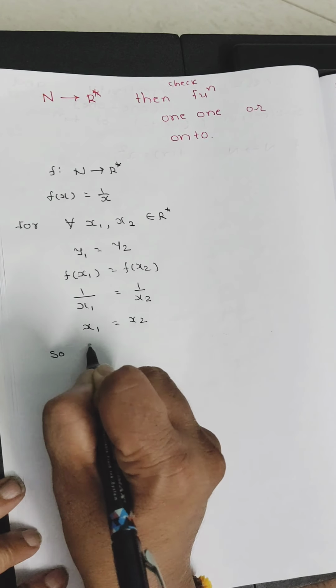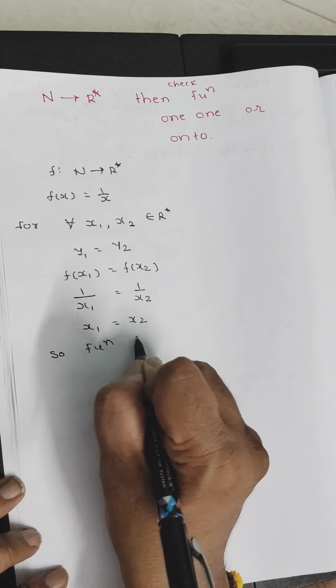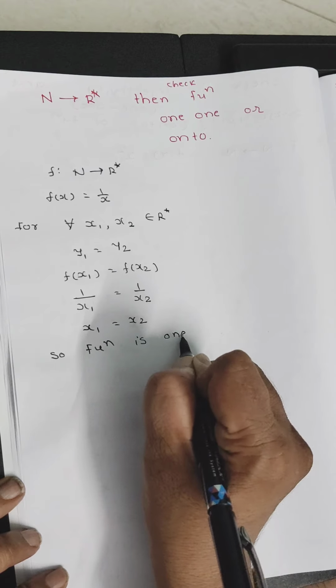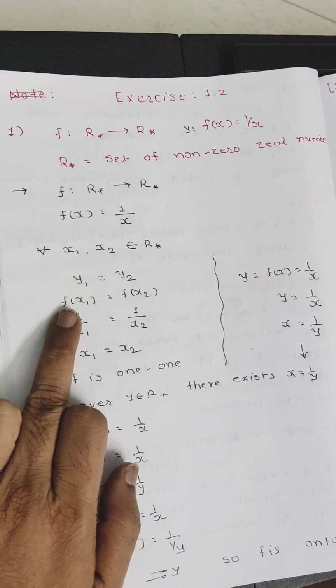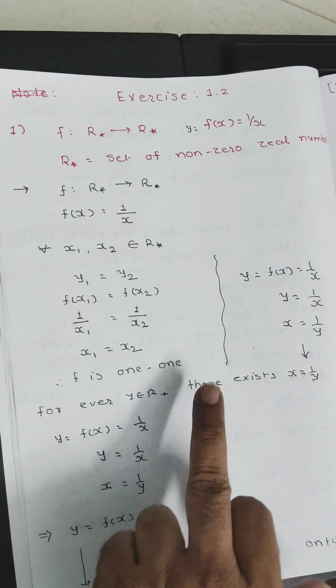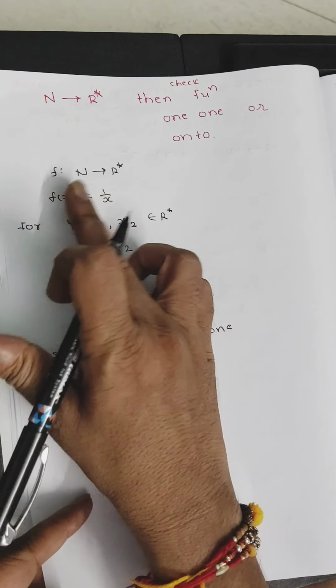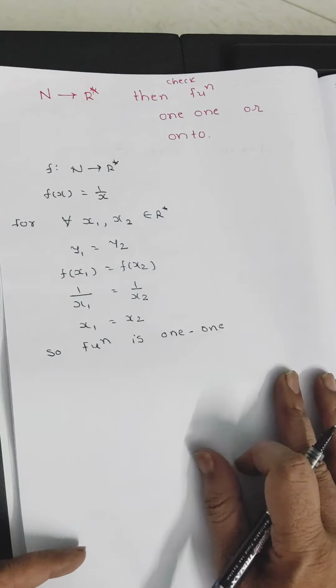So the function is 1-1. So here also, if R to R is there, the function is 1-1. Here also for N to R, the function is 1-1.